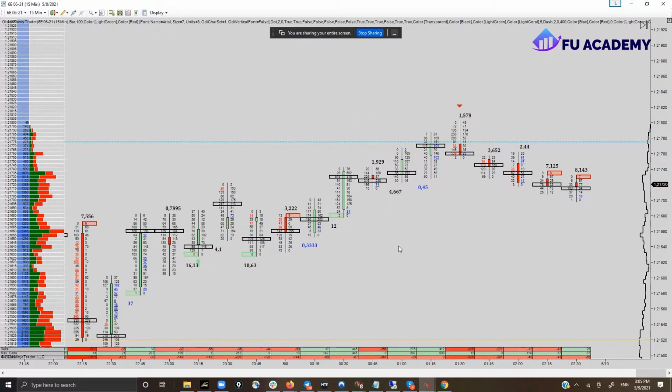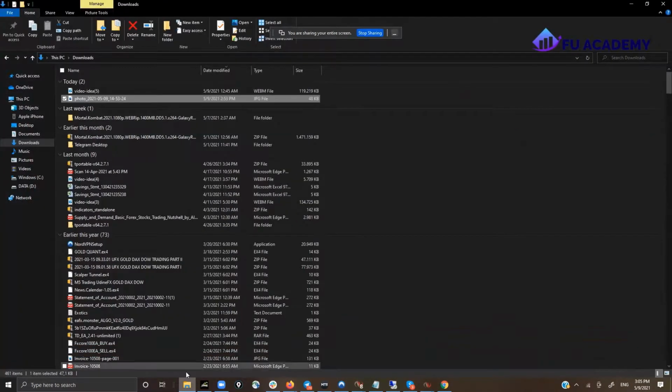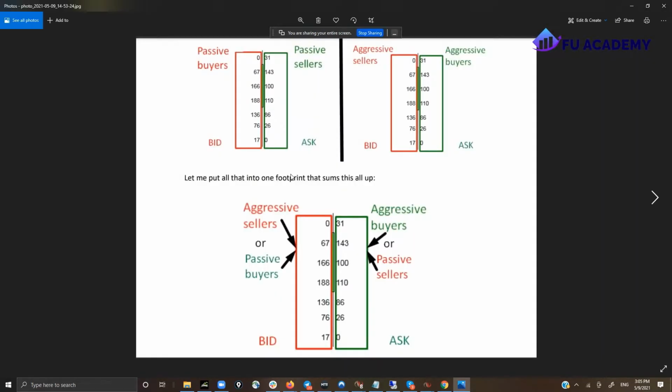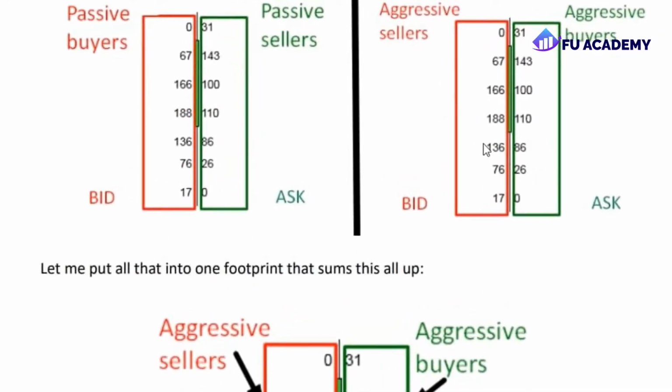Let me pull out a small diagram for you guys. Look at this chart first. This is an order flow candle actually.